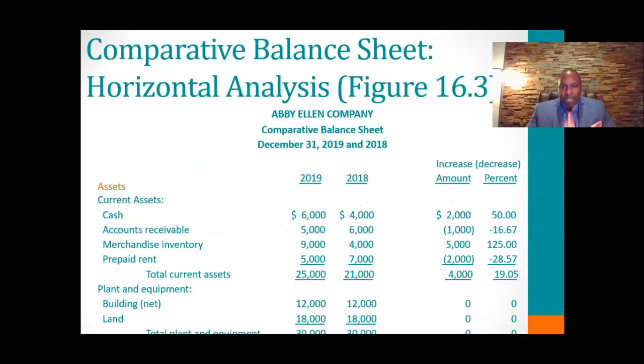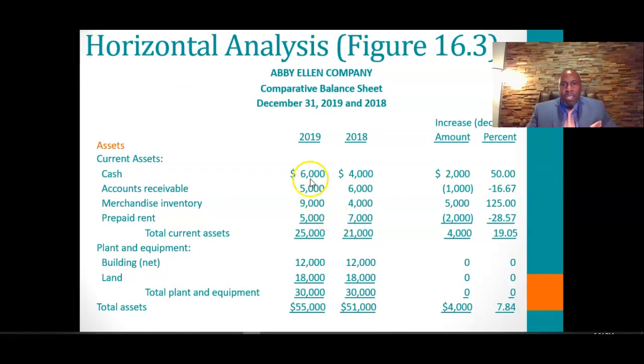So for example, if I take a look at my 2019-2018 balance sheet, and now we're looking at our cash. We're comparing cash from 2018 to 2019. We can see that cash increased by $2,000. Using 2018 as our base of $4,000, that means cash increased by 50% from 2018 to 2019.